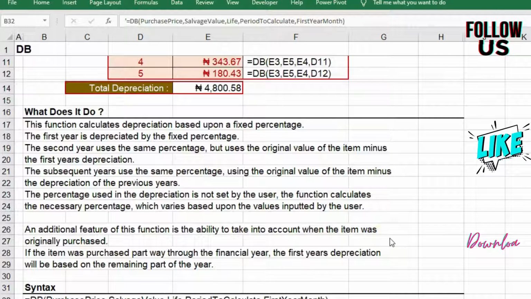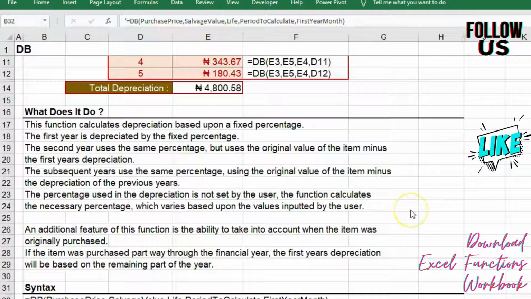The dB function calculates depreciation based upon a fixed percentage. The first year is depreciated by the fixed percentage. The second year uses the same percentage but uses the original value of the item minus the first year depreciation.